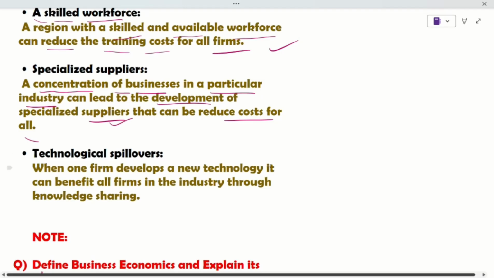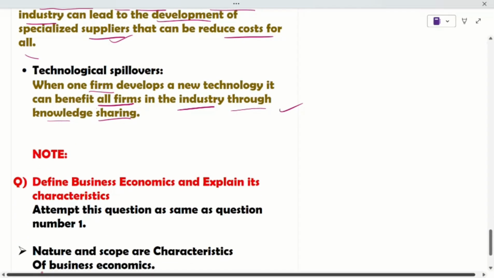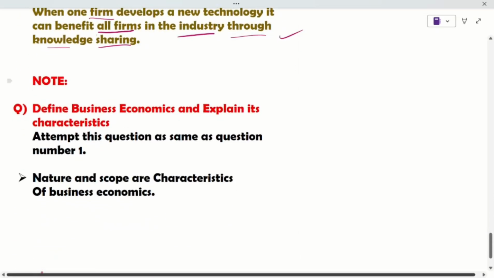Then last thing is technological spillovers. When one company develops a new technology, it can benefit all companies in the industry through knowledge sharing. Okay, this is the main part which we see in our day to day life also according to business themes.